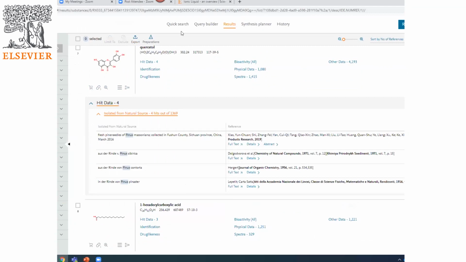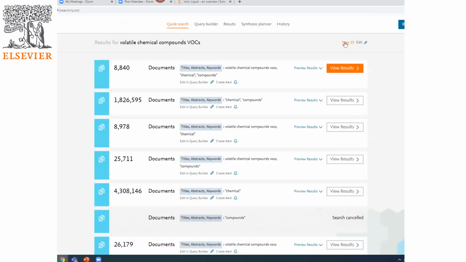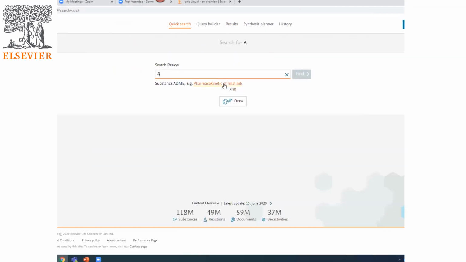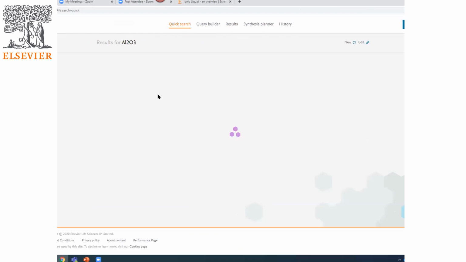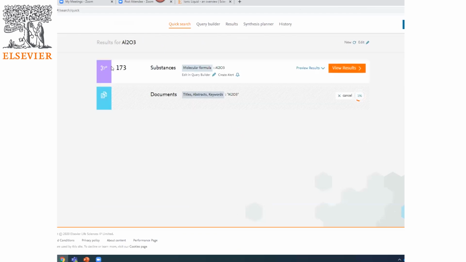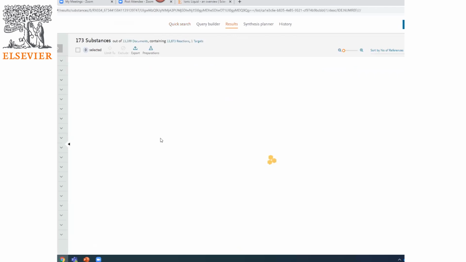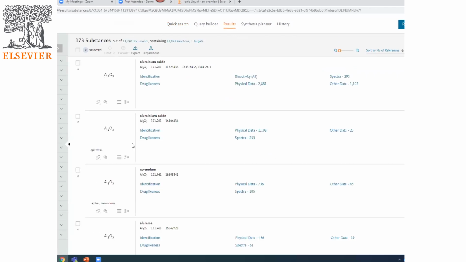So, for example, we can search for aluminium oxide, Al2O3, and find 173 substances. What would be the difference between them?